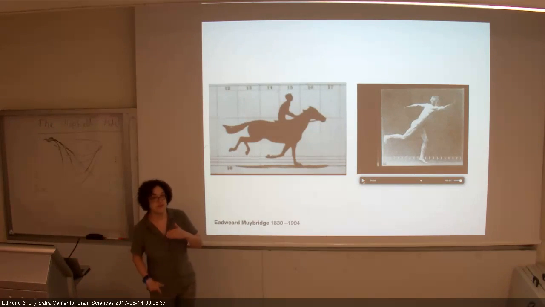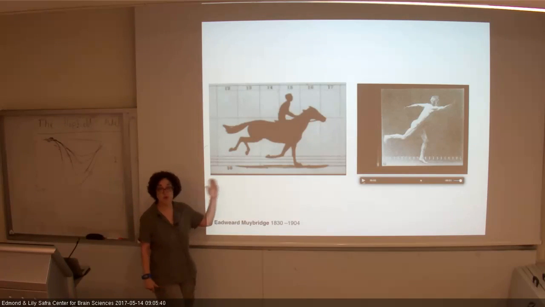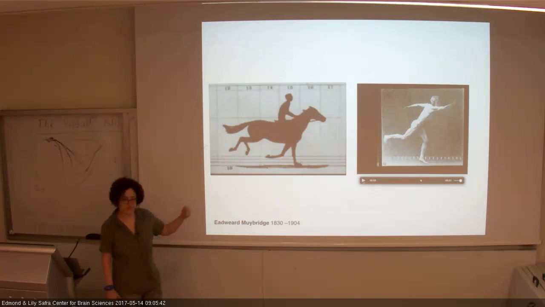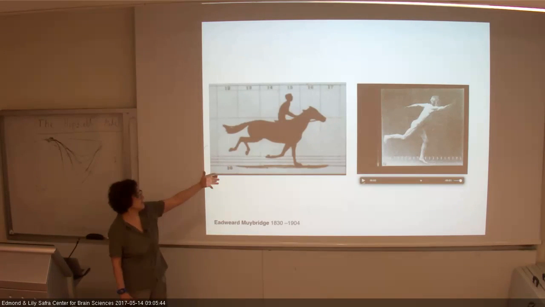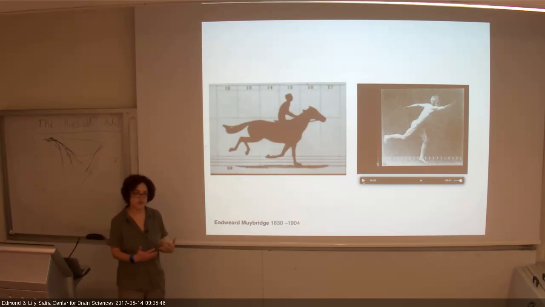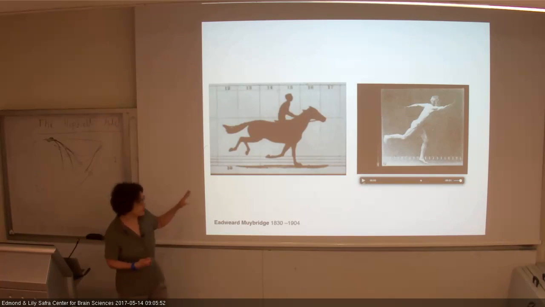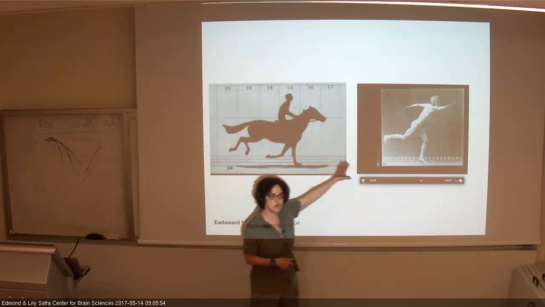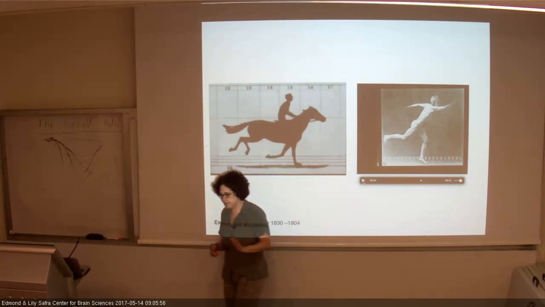So he's considered to be the first person who actually made a motion film, a movie. But his idea was not necessarily the entertainment aspect, but rather trying to understand how movements are being controlled and generated.